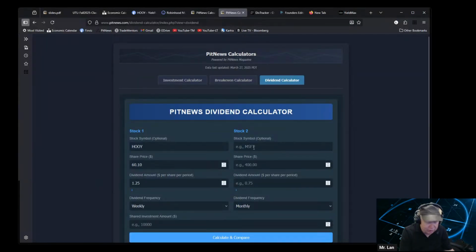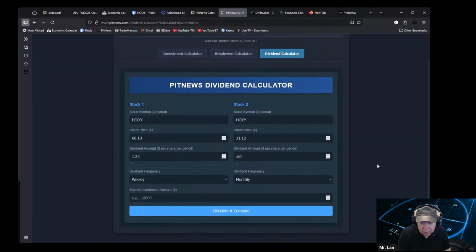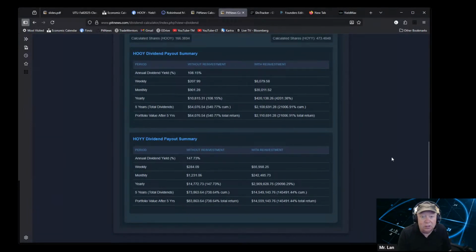So then we're going to come up here, and this one is HOYY, and the share price was 21.12, and the dividend was 0.60. All right, and it's paying weekly. All right, we're going to put in $10,000. Calculate. All right, so the HOOY is making 108%, and the HOYY is 147%.